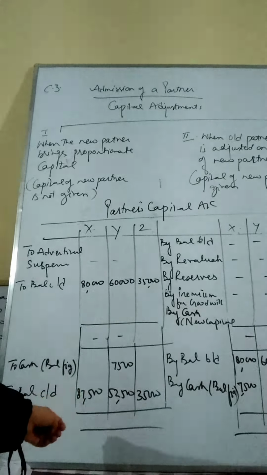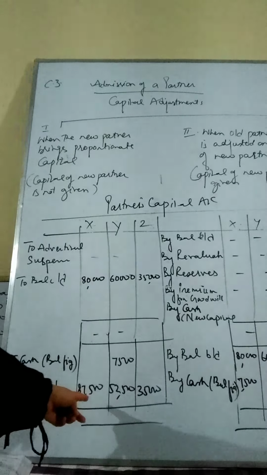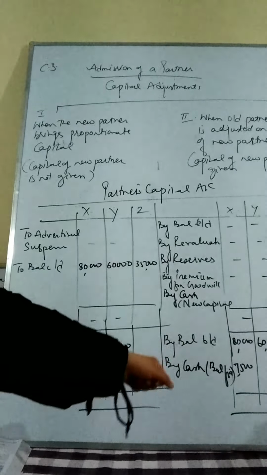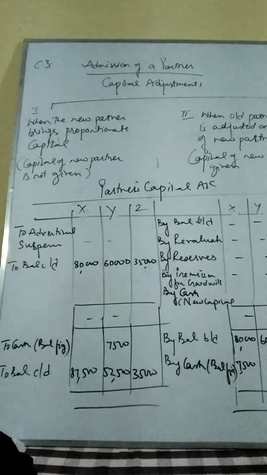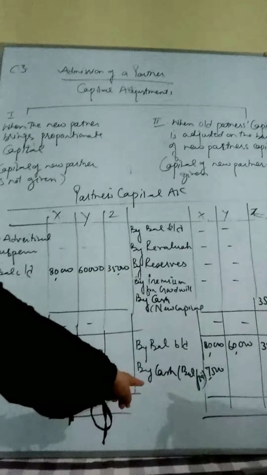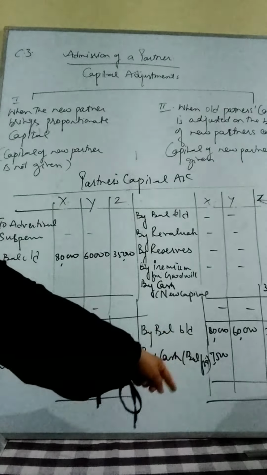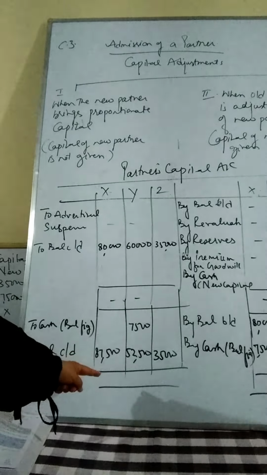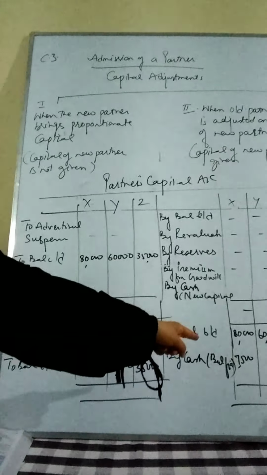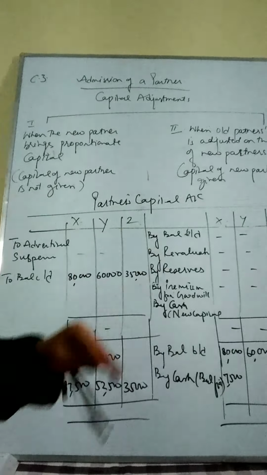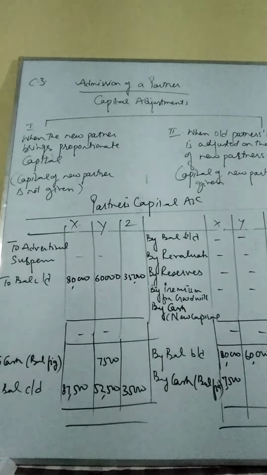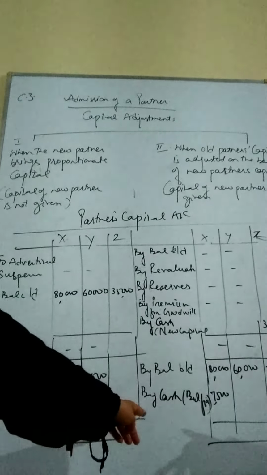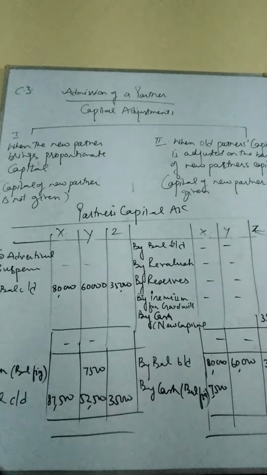Let us see, X's capital on the debit side is 87,500 but on the credit side it is 80,000. So what is the difference? 7,500. That we have to write as by cash, 7,500 balancing figure, because his capital should be 87,500 but he has 80,000, so he has to bring 7,500 more.